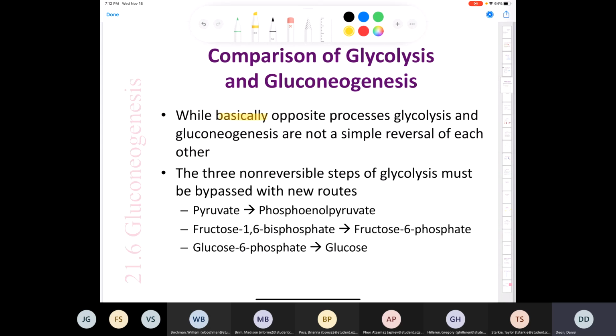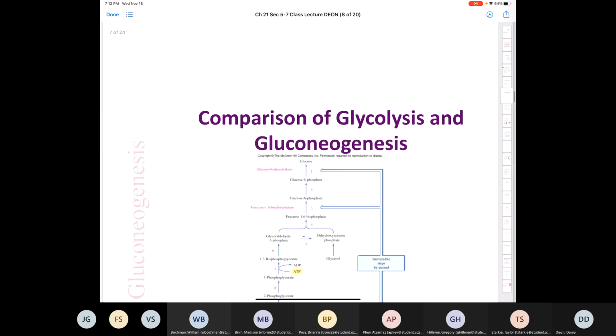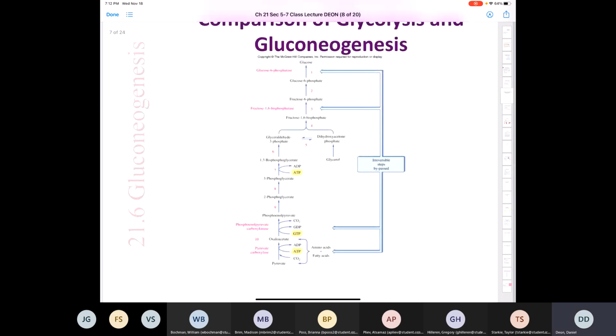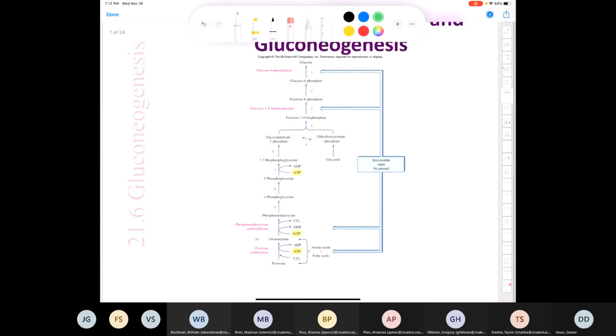What you need to remember is steps 1, 3, and 10. The three non-reversible steps of glycolysis must be bypassed by new routes. So these are the steps that we're concerned with. Steps 1, 3, and 10.